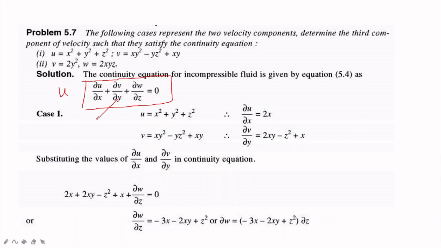So for dou v by dou y, we have to differentiate v with respect to y. When we differentiate this with respect to y, what will we get? Dou v by dou y will be 4y, correct? 2y square gives 4y. Now when we differentiate w, what will we get? 2xyz. Differentiation with respect to z, z will be 1, so it will be 2xy.